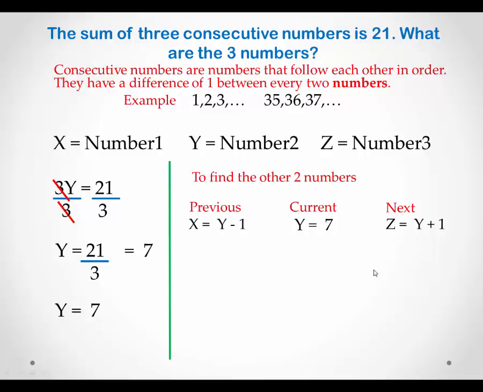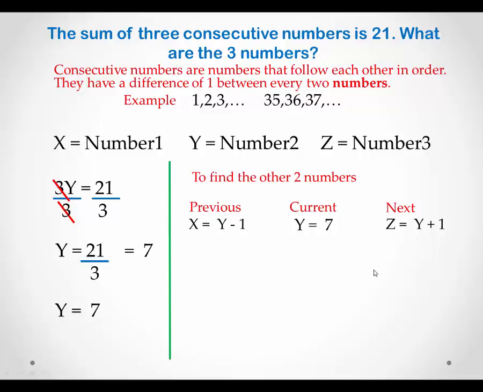As you can see, this is the order in which we set it up to determine the three consecutive numbers. This works best with three consecutive numbers. For any other consecutive numbers, you may not be able to use this sequence; you'd have to add some more to it. So if you notice what is happening here, y is the current number.